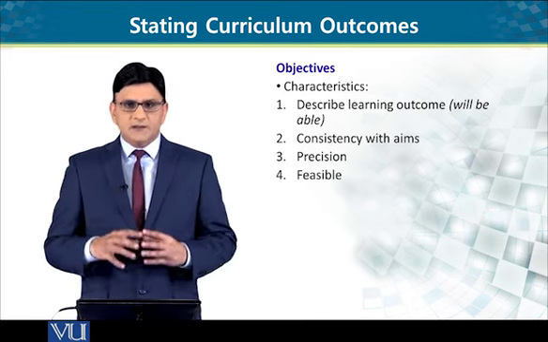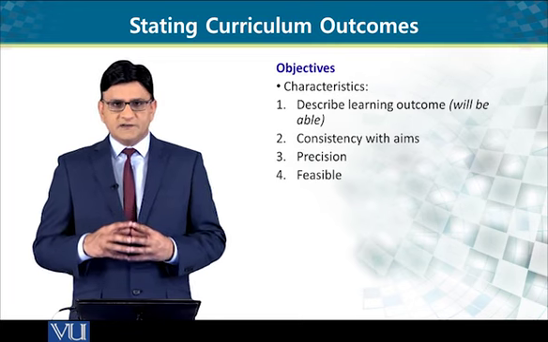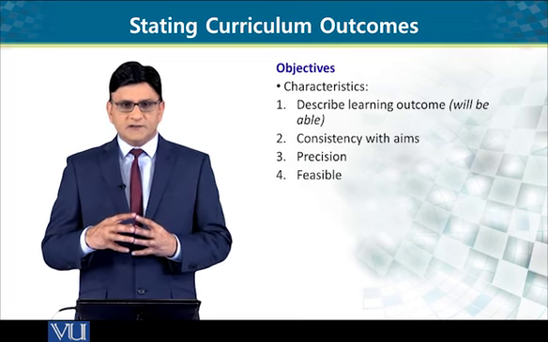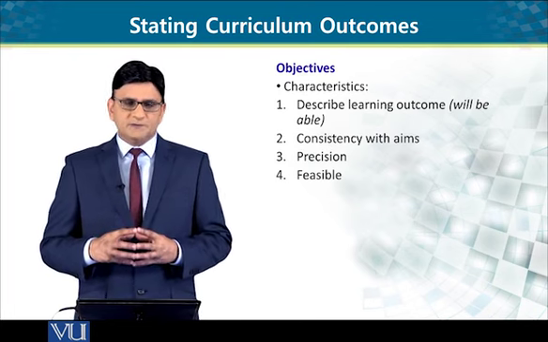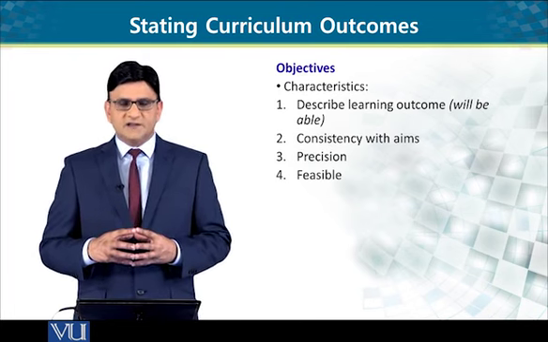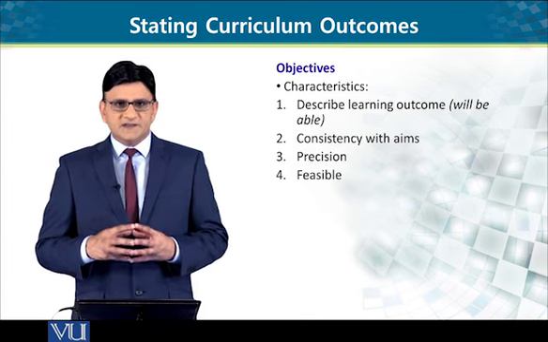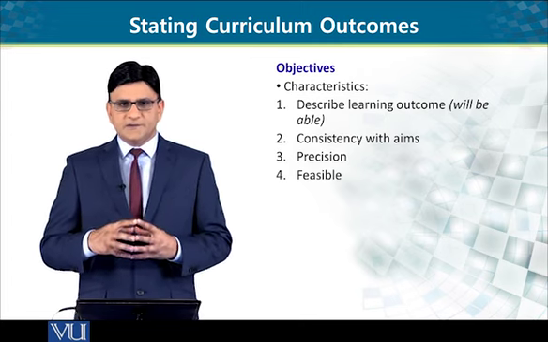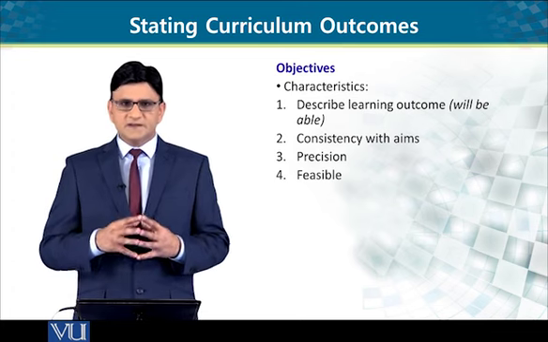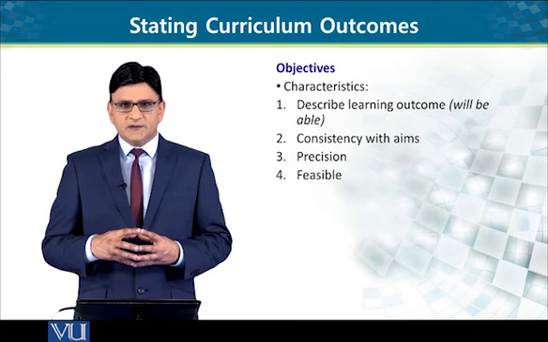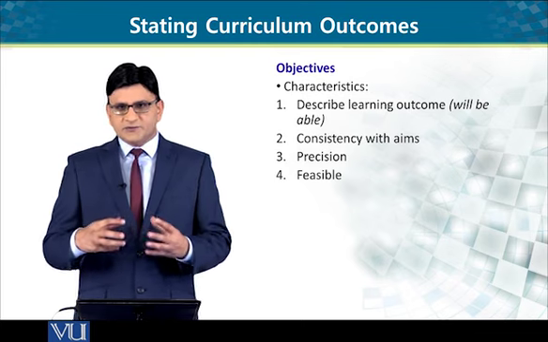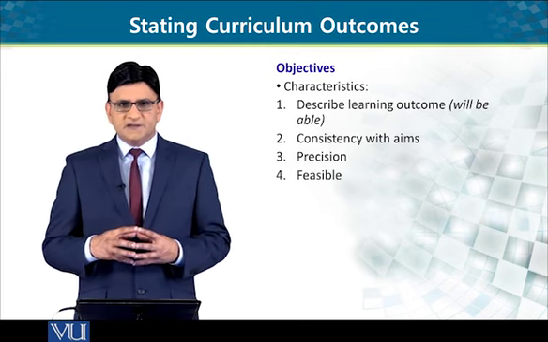And we've got another characteristic, which is precision, which means the objectives need to be precise and clear. What I mean by precision here is, for example, "students will be able to talk to the native speakers."